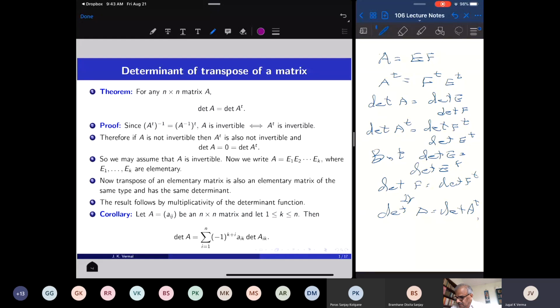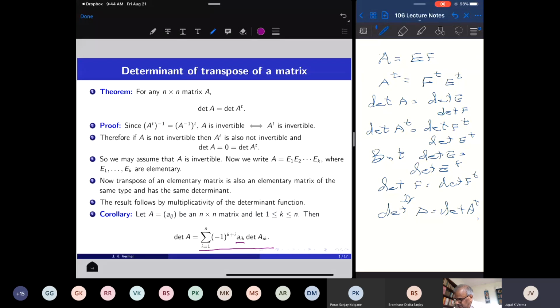So now we have proved that determinant function can be computed using any row and any column. So that is this corollary, that determinant of A is equal to the sum over i from 1 up to n of a_ik times the determinant of A_ik, where a_ik is the entry in ith row and kth column, and the row numbers are changing.